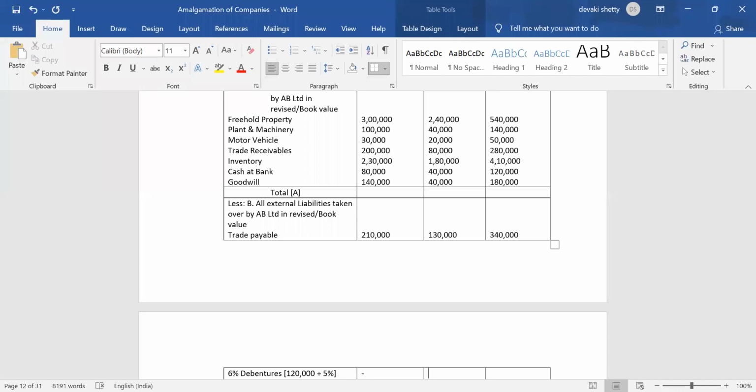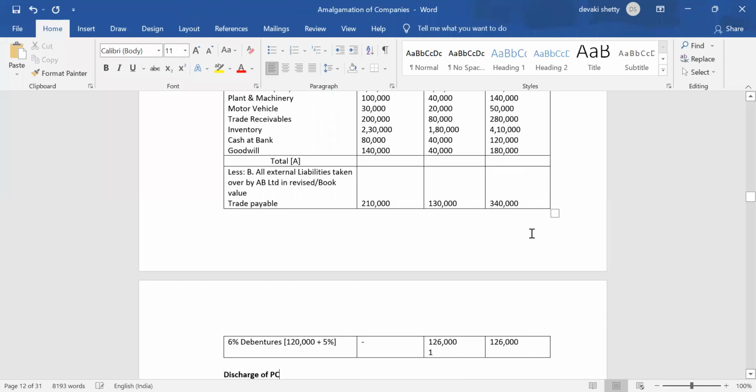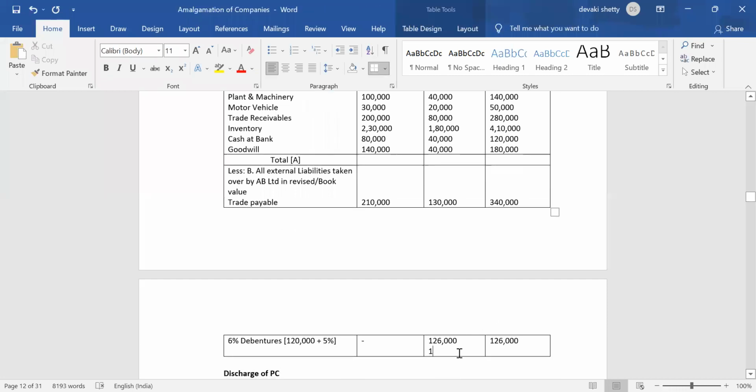How much is it coming? So finally, total.